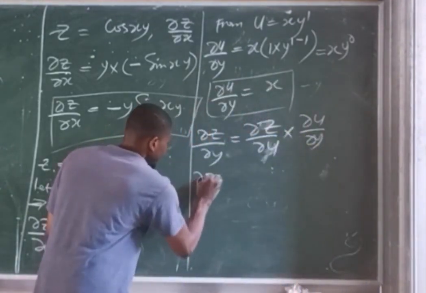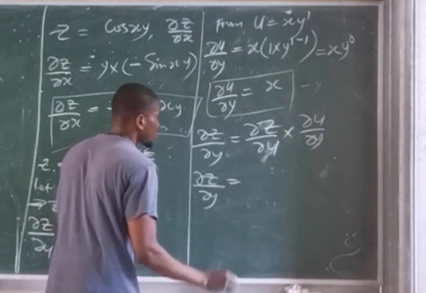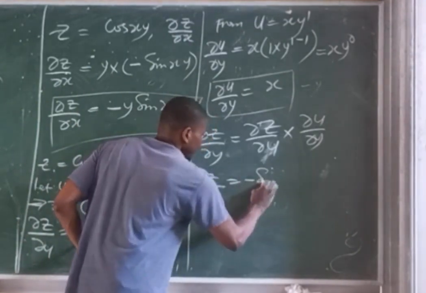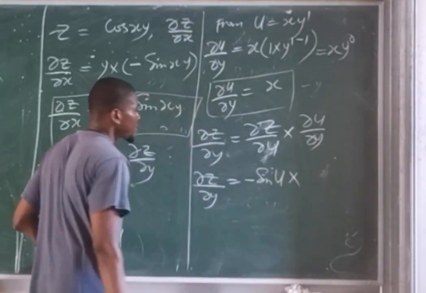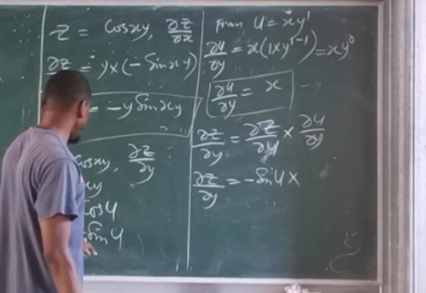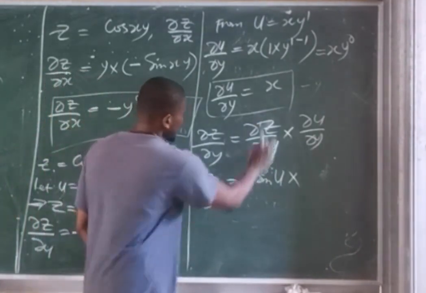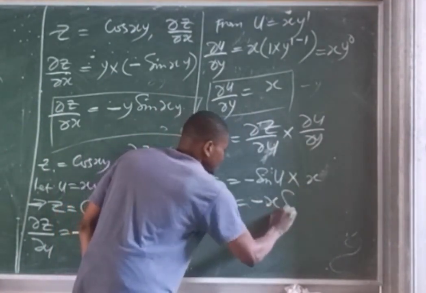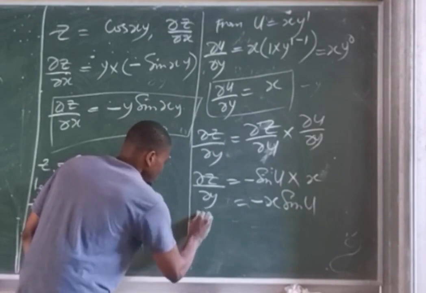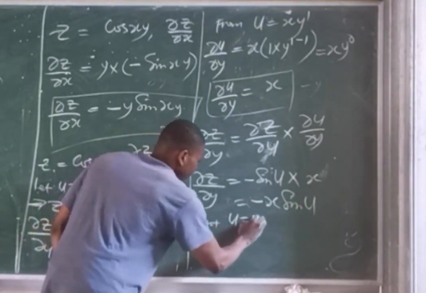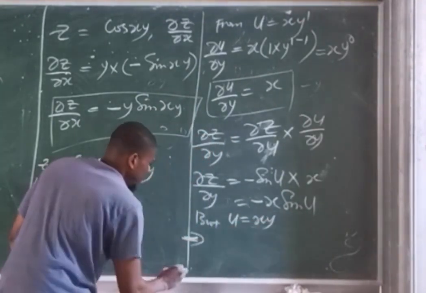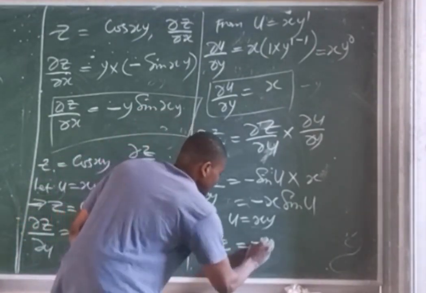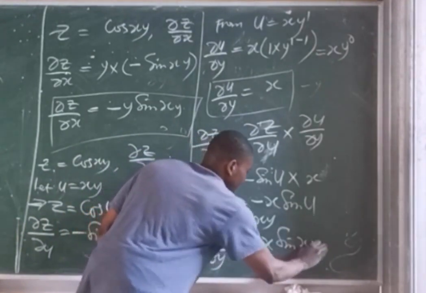So partial z, partial y is equal to minus sine u times x. So this is actually minus x sine u. But remember that u is simply xy. That implies that partial z, partial y is equal to minus x sine xy.